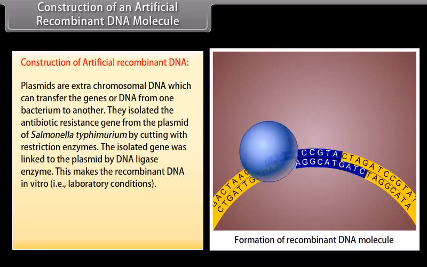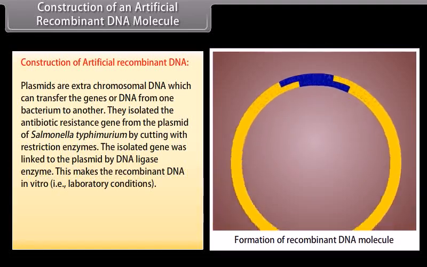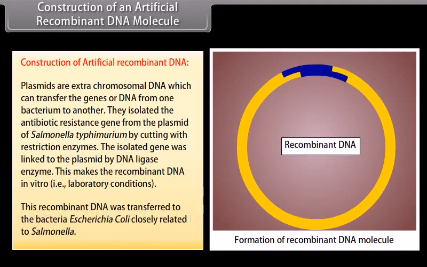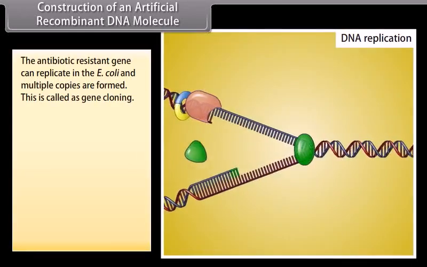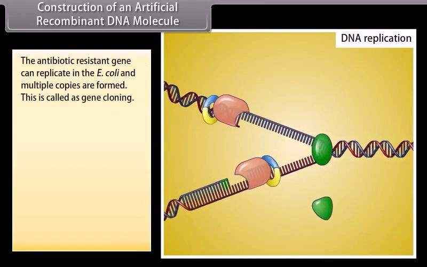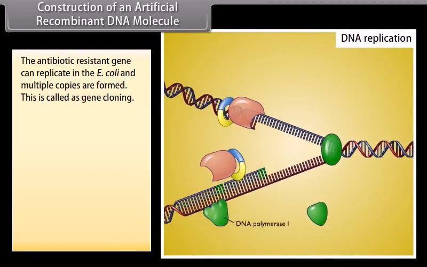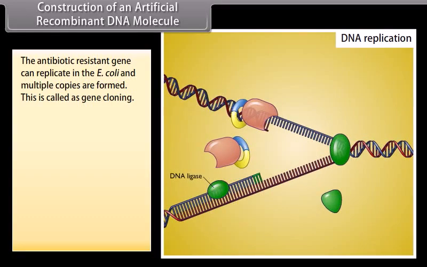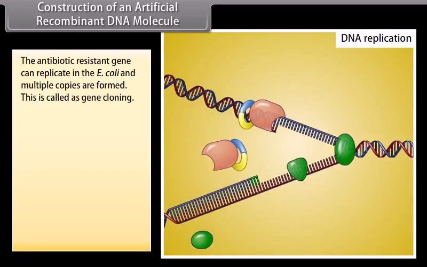This makes the recombinant DNA in vitro, that is laboratory conditions. This recombinant DNA was transferred to the bacteria Escherichia coli, closely related to Salmonella. The antibiotic resistance gene can replicate in the E. coli and multiple copies are formed. This is called as gene cloning.